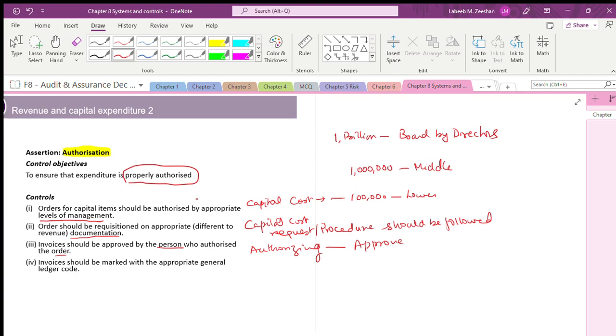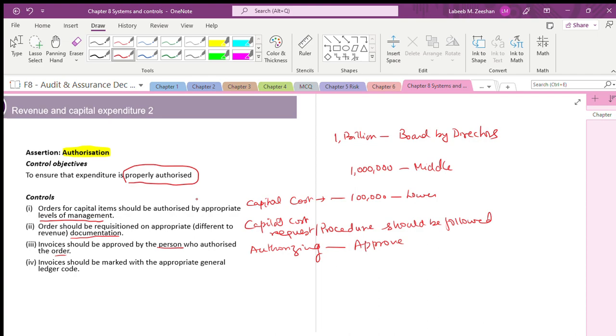When X is given authorization, X should approve. If X is given authorization and Y approves, then definitely there will be a mismatch of communication. That is the reason this is exclusively related to this, and totally different from other procedures.